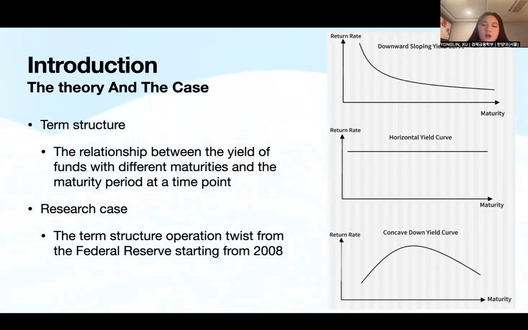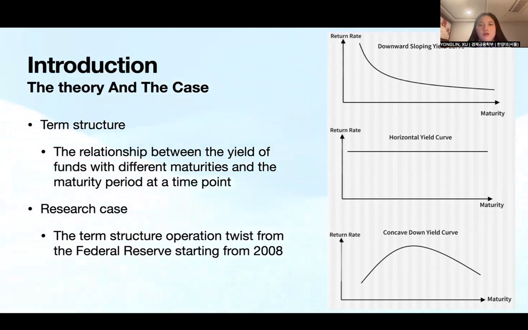Therefore, the relationship between the yield to maturity of zero coupon bonds and its maturity can be represented by a curve, such as the downward sloping curve, the upward sloping curve and the horizontal line, which can be shown on the right side of this PowerPoint.